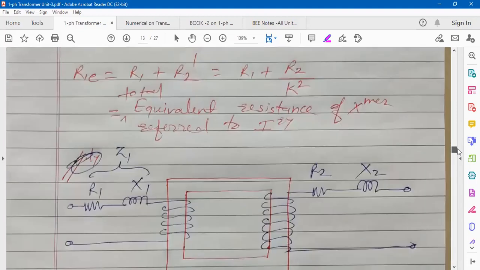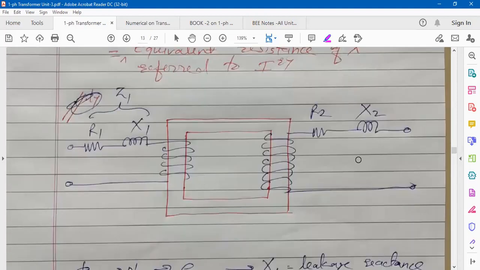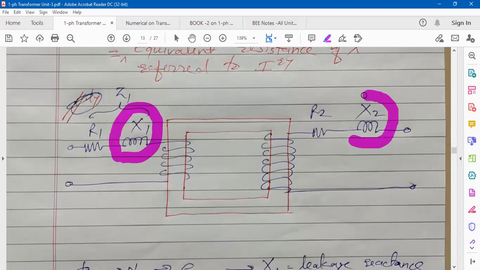In the transformer equivalent circuit, you can see it's R1, X1 and R2, X2. R1, R2 are the copper winding resistances, and X1, X2 are to consider the effect of leakage flux. Voltage drop across them will be equal to EL1 and EL2, which are the induced EMF in the primary and secondary winding because of leakage flux.